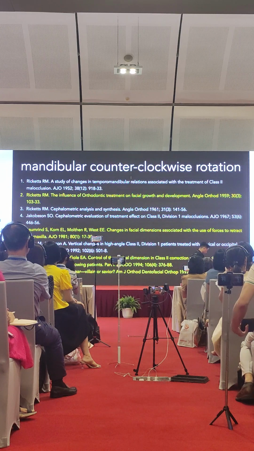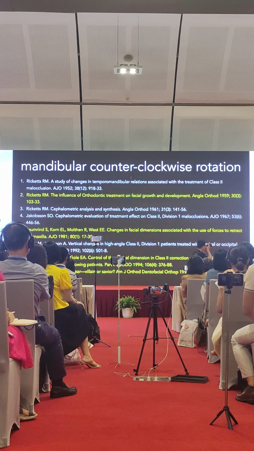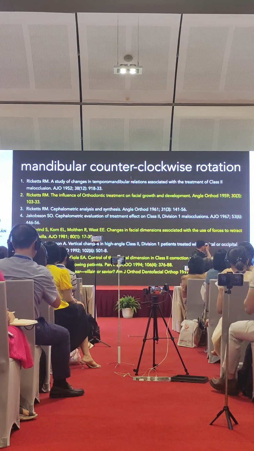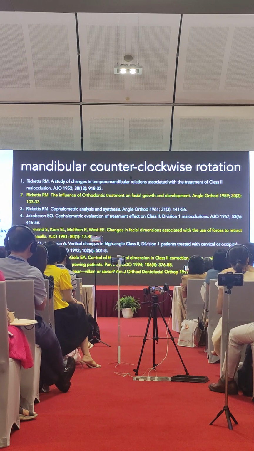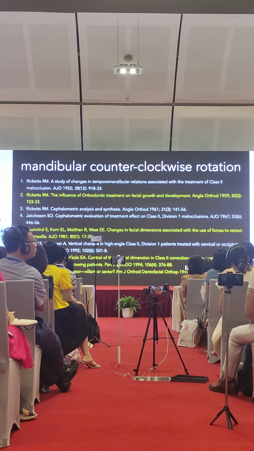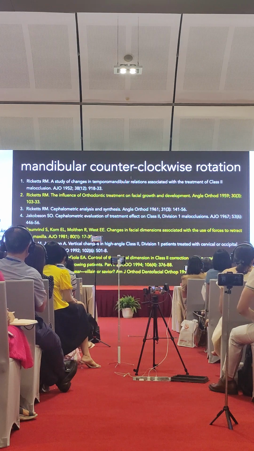Then he described this, because Schudy, Crickmore, many others started to say that with the cervical headgear, with the extrusion of the upper molars, you may see the wedge effect.